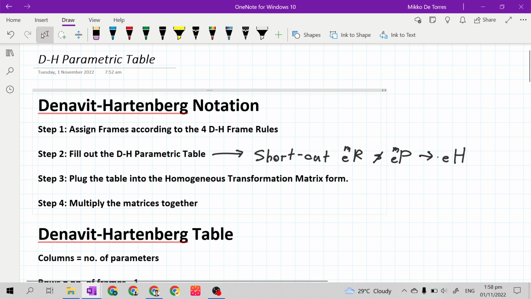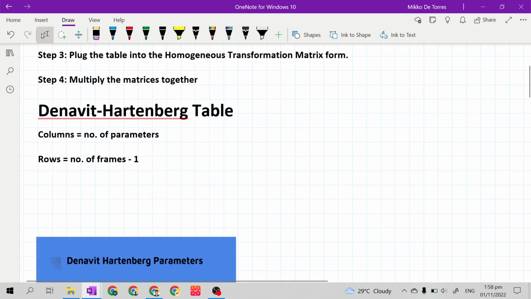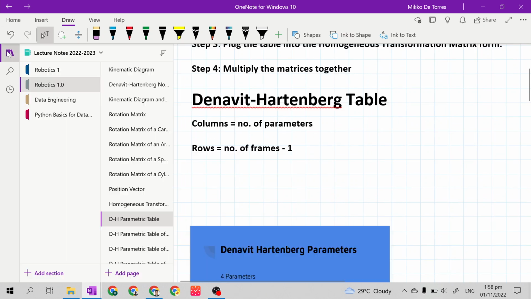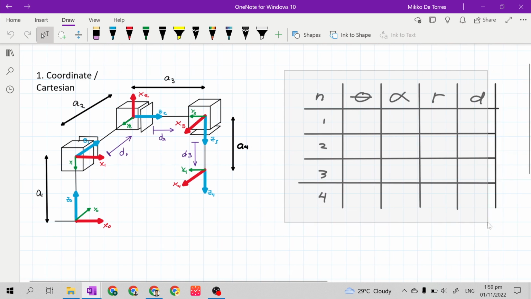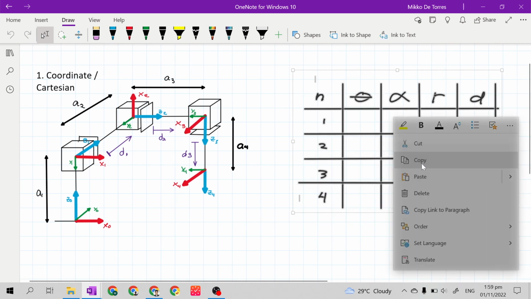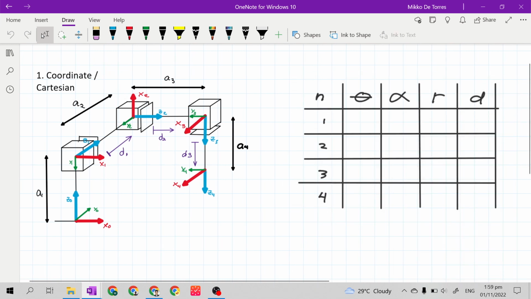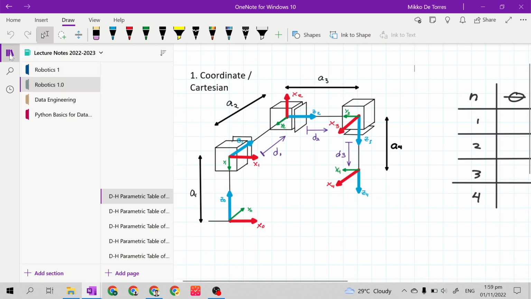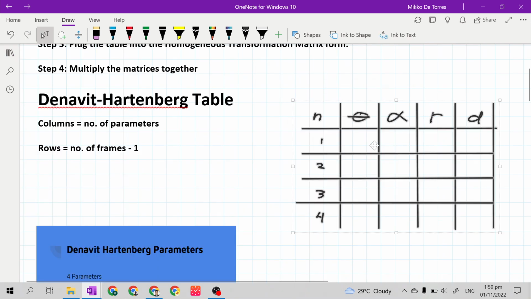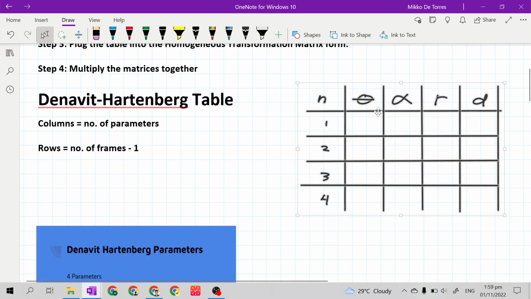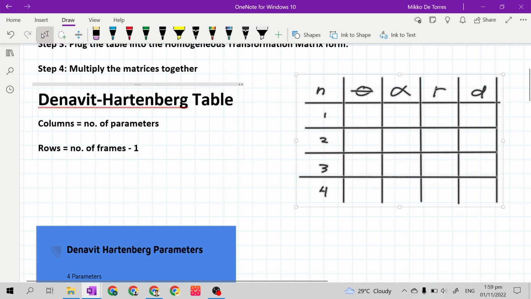Okay, so let's start with the Denavit-Hartenberg table. This is an example of a Denavit-Hartenberg table. This table is from a 3 degrees of freedom Cartesian manipulator. It consists of columns and rows.